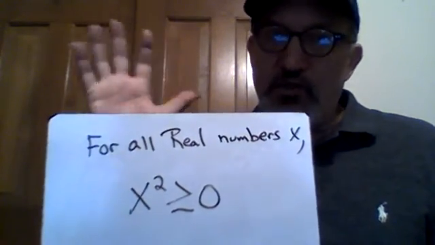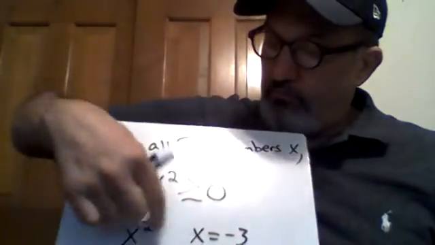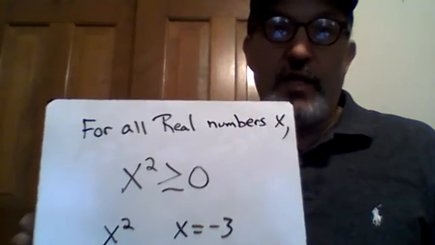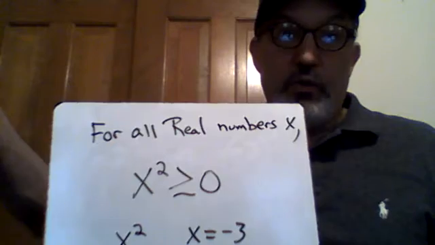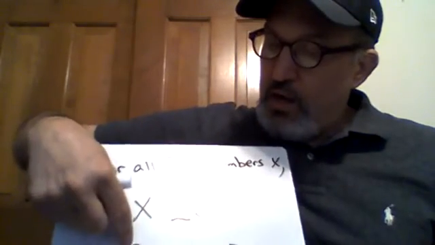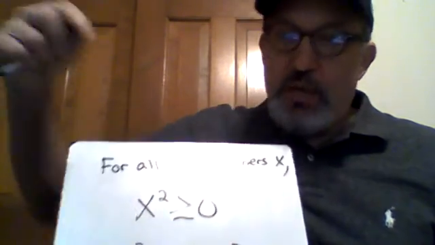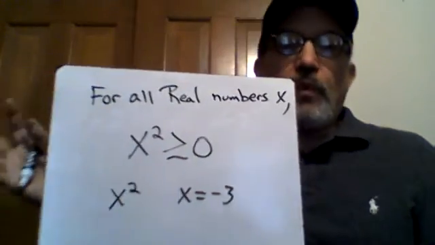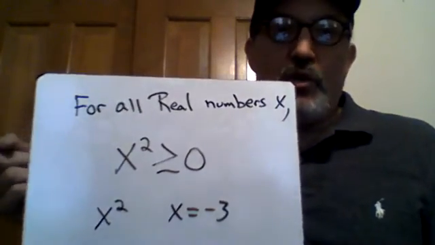Now a little subtle point here is that let's say we have x squared, and then we're told that x is negative 3. So we have this number to deal with, x squared, and we're told that x is negative 3. Now, if you think back to what we just said about how we agree to see things, this means that the x is being multiplied by itself. When I was in school, I can remember teachers saying that you have to mentally insert parentheses.